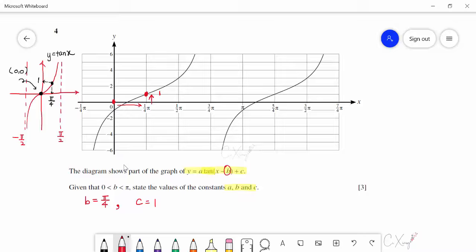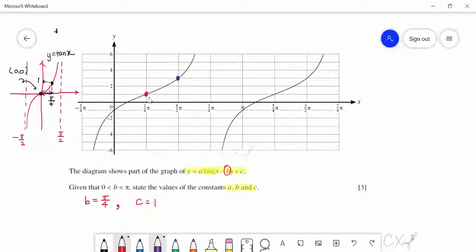And now we would like to figure out the value of a. To figure out the value of a, we will look at this pi over 4 and 1. Generally, you can see that from this point to this point, the distance is pi over 4 unit in the x-axis. So from the center, pi over 4 unit, it will be somewhere here.